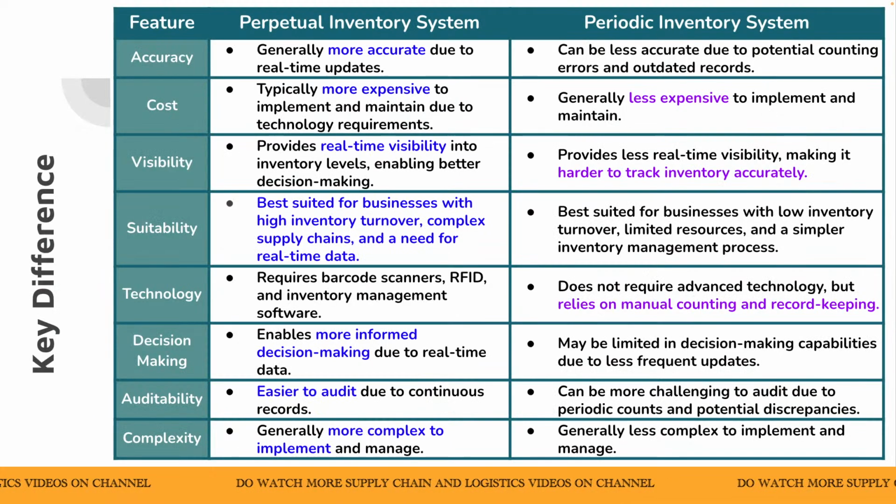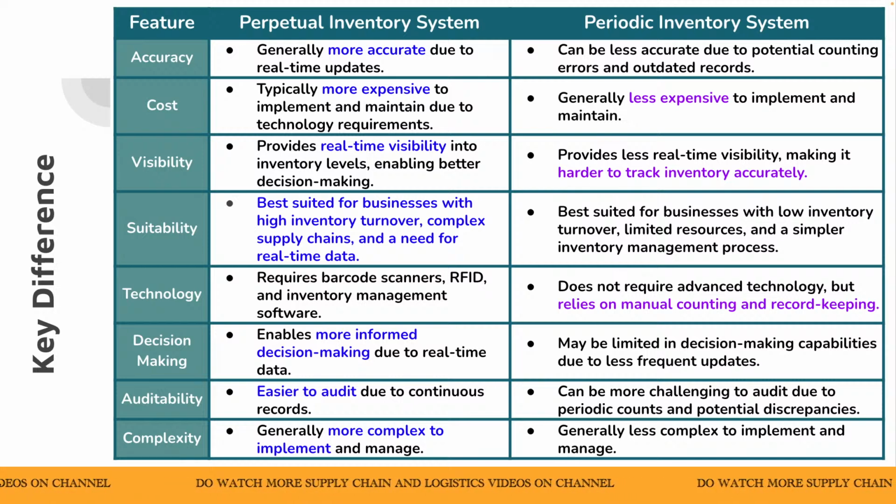Let's go. Now let's check the key differences. The perpetual and periodic inventory systems are quite different. There are very significant differences between these two, and you will find that they are not actually very similar. Let's first talk about accuracy.